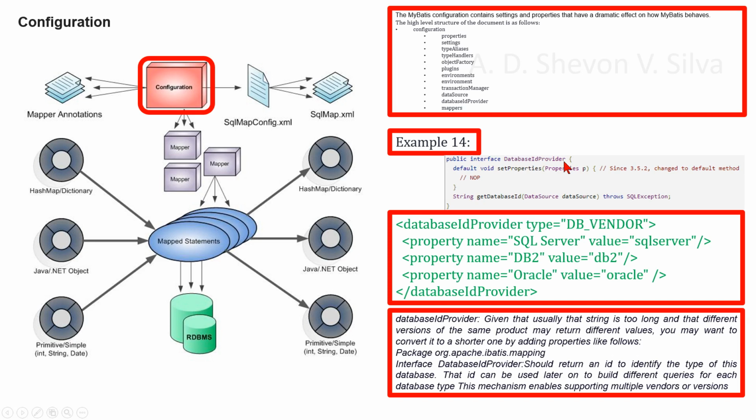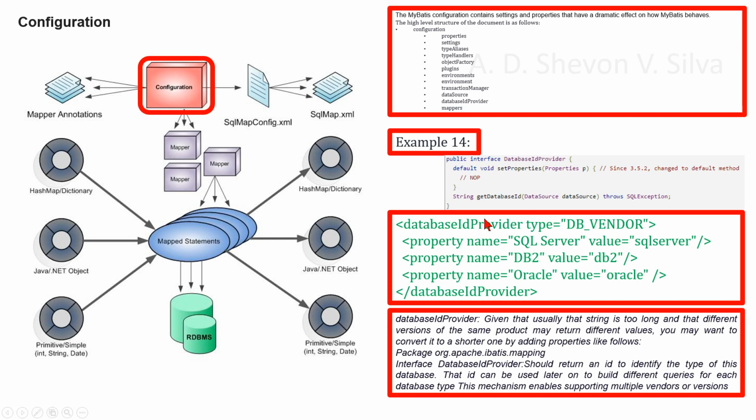MyBatis is able to execute different statements depending on your database vendor. The multi-DB vendor support is based on the mapped statement databaseId attribute. MyBatis will load statements with no databaseId attribute or with a databaseId that matches the current one.